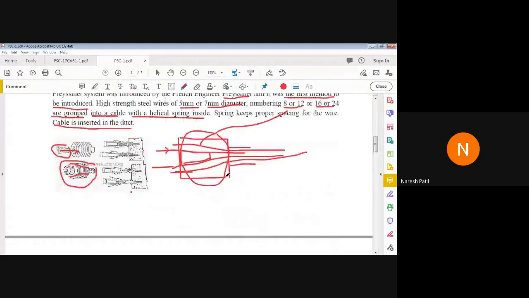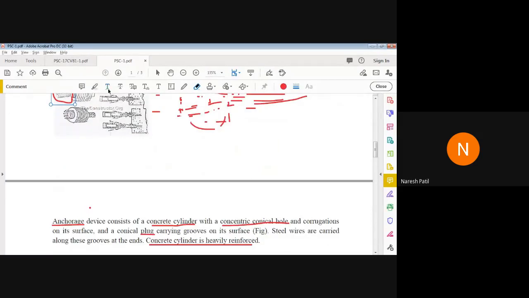Are you getting my point now? So what will happen in this case? This plug will be inserted inside the cylinder once the cables are stretched. I'll elaborate once again here. Let it be, I'll write here once again.